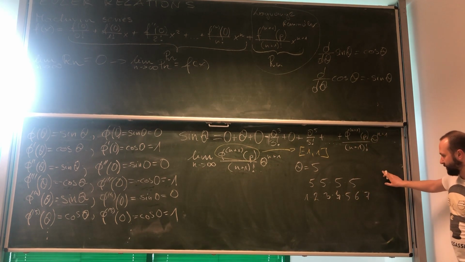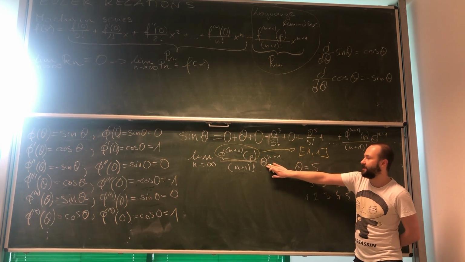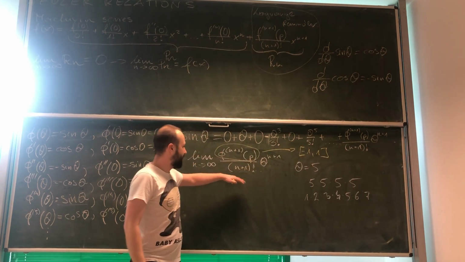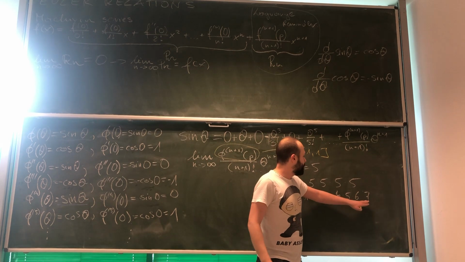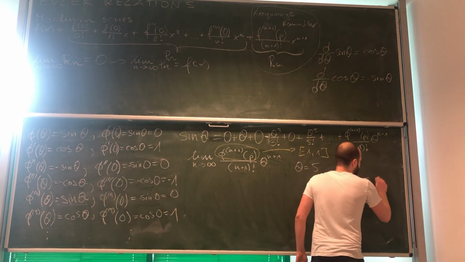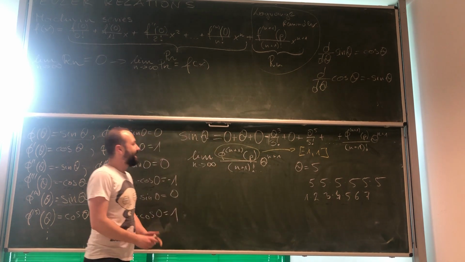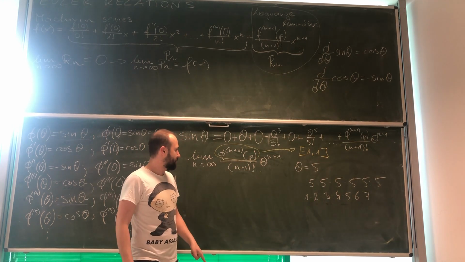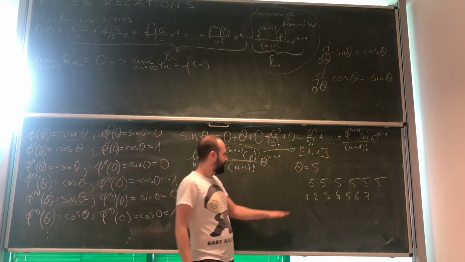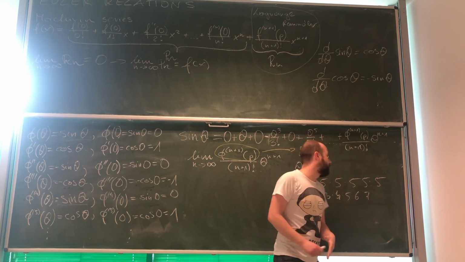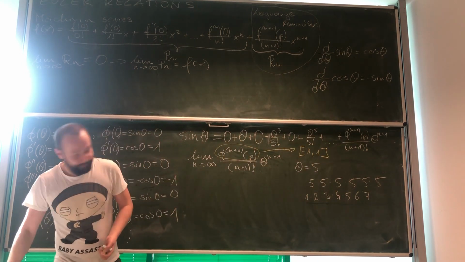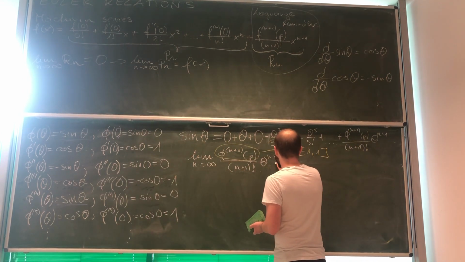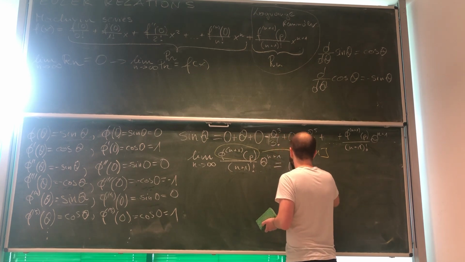So at some point, at the beginning, this tendency will win, it's going to be stronger, but as n approaches infinity, we'll see that here we will have a bigger and bigger number, here we will have the same. And actually, it doesn't matter how big theta is, at some point, as n approaches infinity, this pattern is taking over, and this is how we can be sure that this limit is equal to 0.